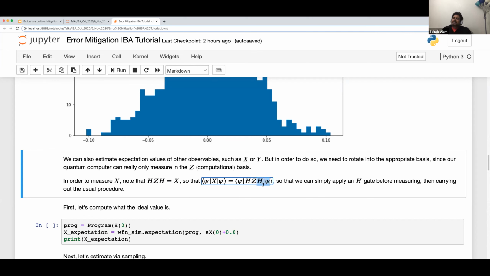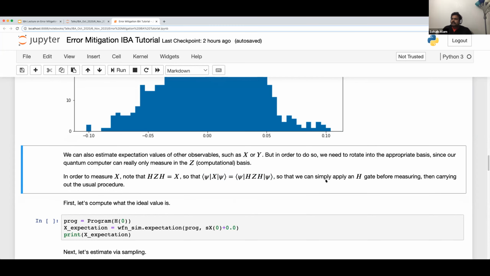So if you want to measure the expectation value of X in some state psi, it doesn't matter what that state is, all you have to do is, before measuring out your qubits, place H on the qubits over which you want to compute this observable X. That's pretty much it. That's all this is saying.